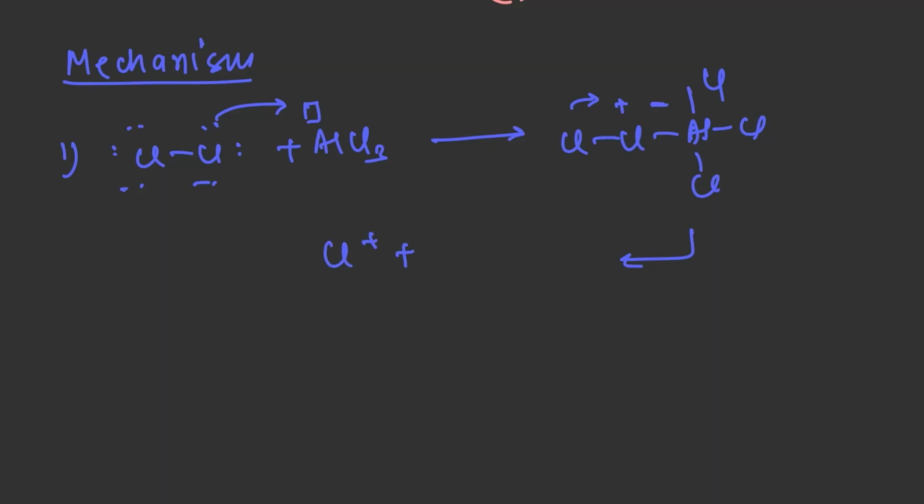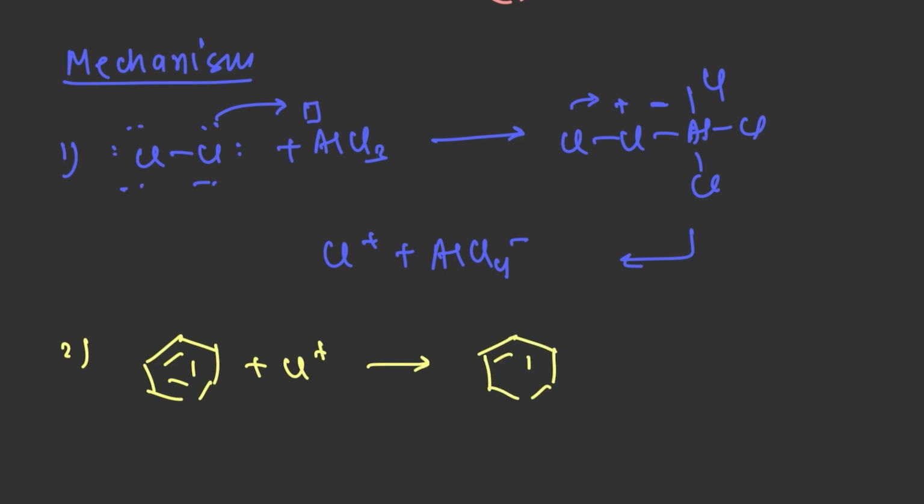Now we get the electrophile. So we know whenever we get the electrophile, it attacks the benzene ring, and it will form chlorobenzene plus H plus, where AlCl3 is acting as a catalyst. Now why is it acting as a catalyst?